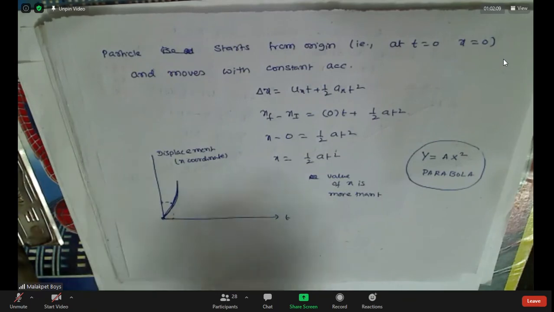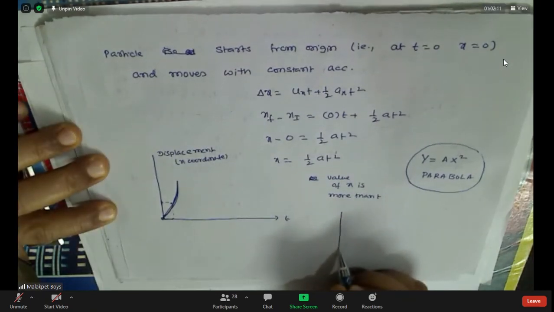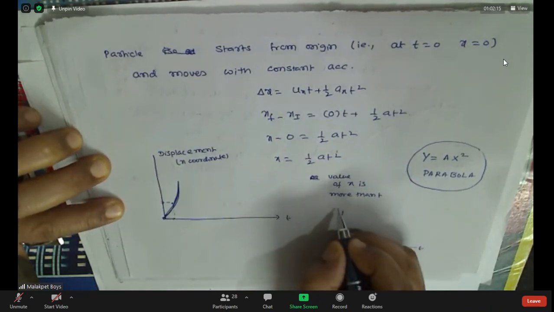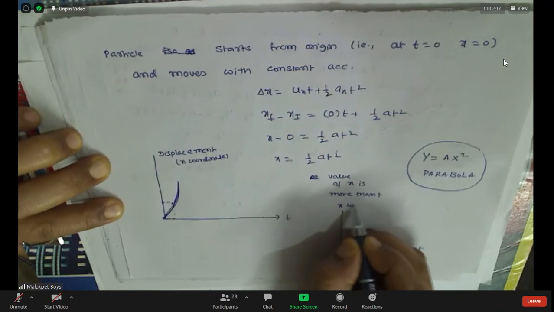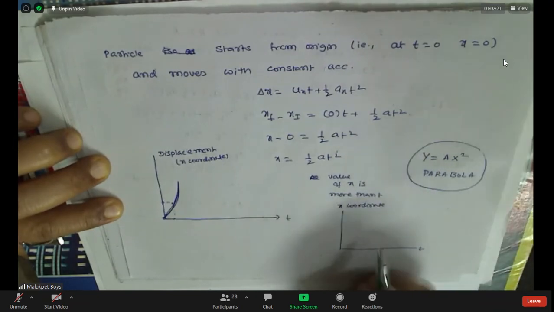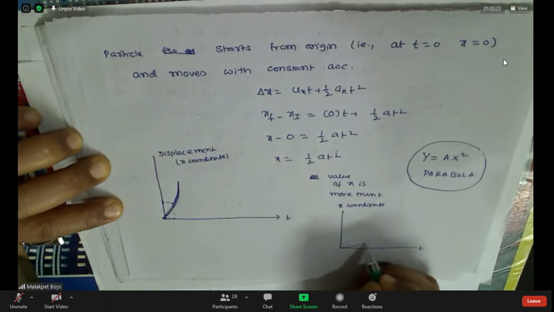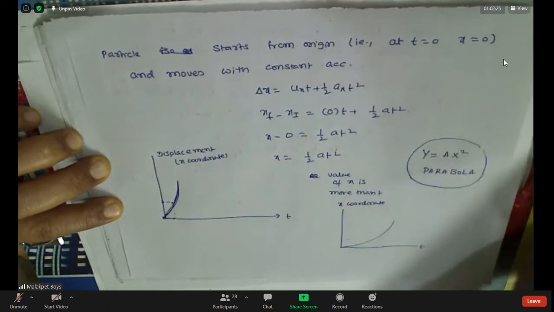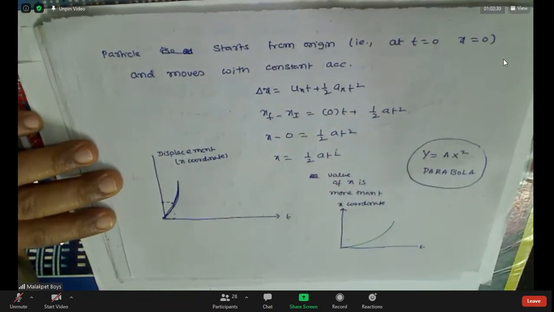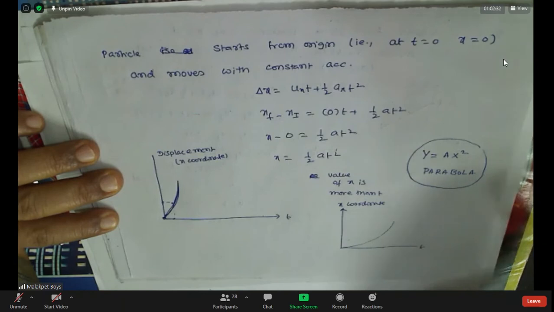Now you can see the same graph, for clarity's sake, drawing once again. So you will have a graph like this. Understood this? Now what is happening to the slope?